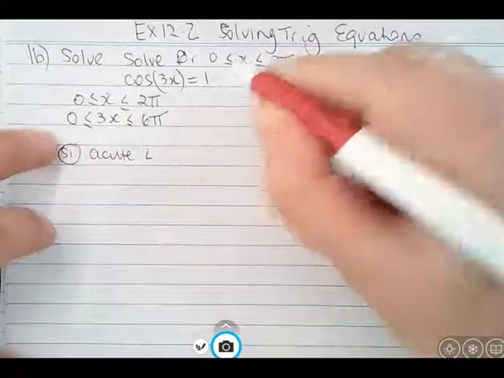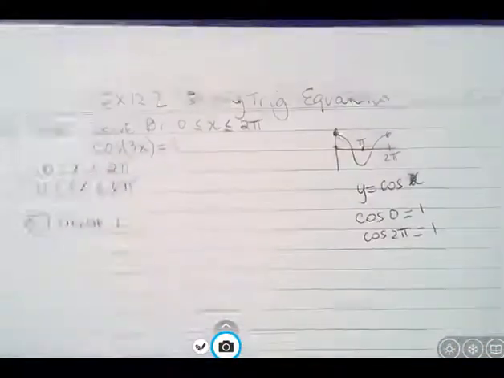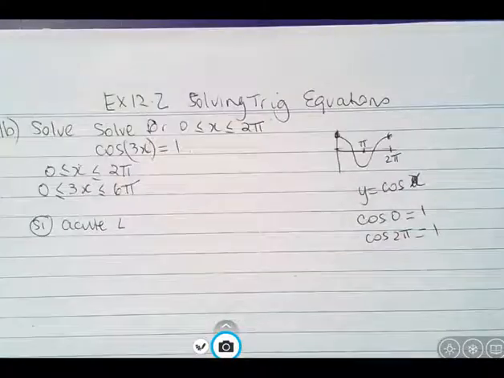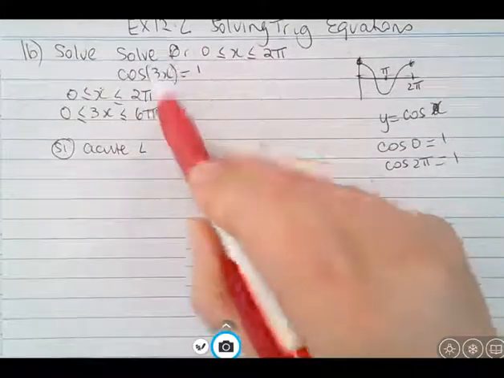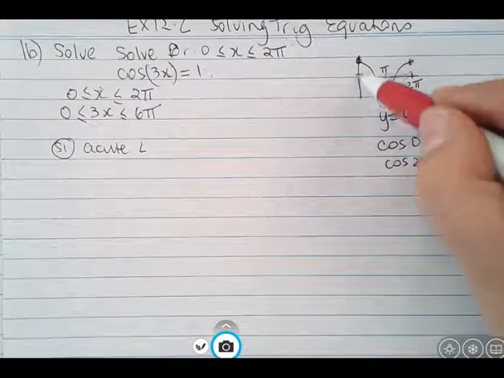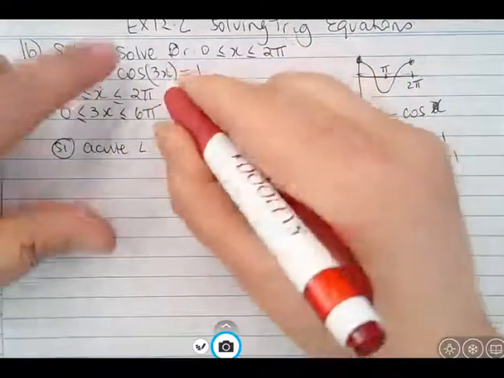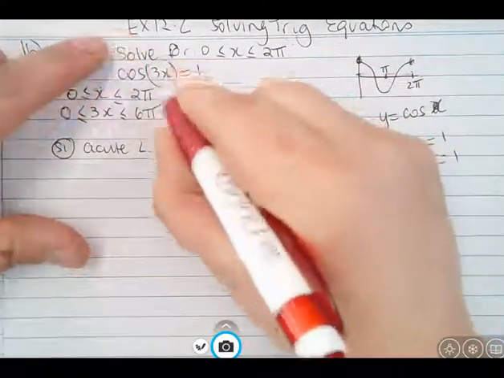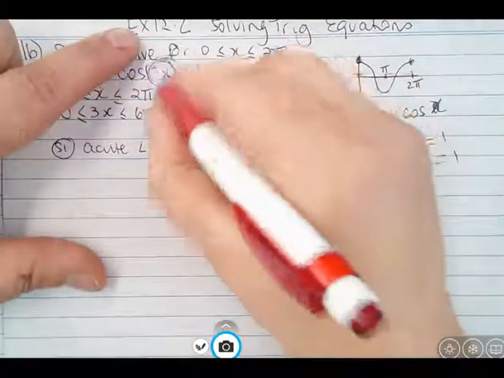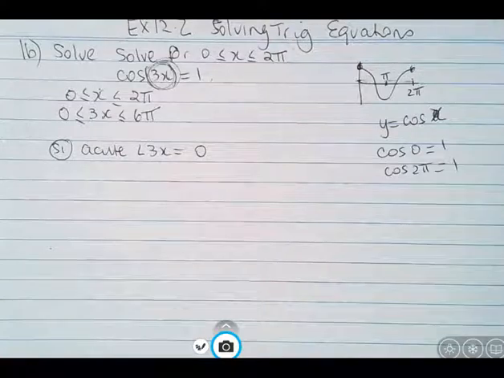Got it? See, in the other questions, what did I do? Cos of what is 1? Look, acute angle. Cos of 0, that's the acute angle. I don't want the 2 pi. So acute angle, not x, but acute angle 3x. If I was just looking at that, that 3x is 0. So my acute angle 3x is 0.